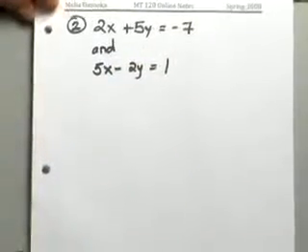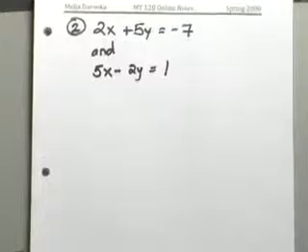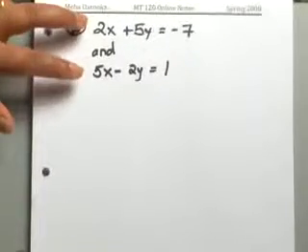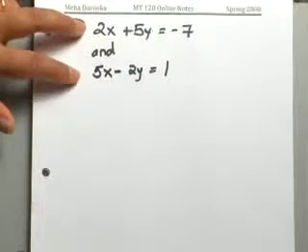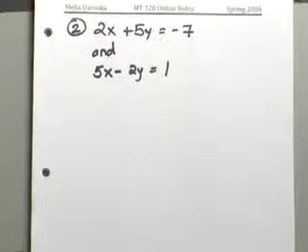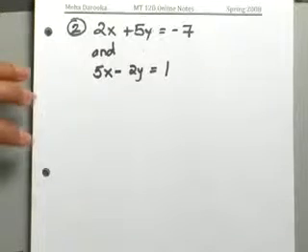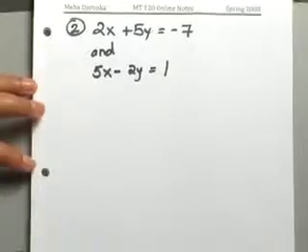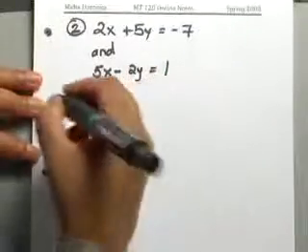So instead of giving us points this time, we are looking at two equations, and using these two equations of the lines, we want to determine if they are parallel, perpendicular, or neither. So again, the first thing we will do is solve each of these equations for y and find out what the slope of each of the lines is.